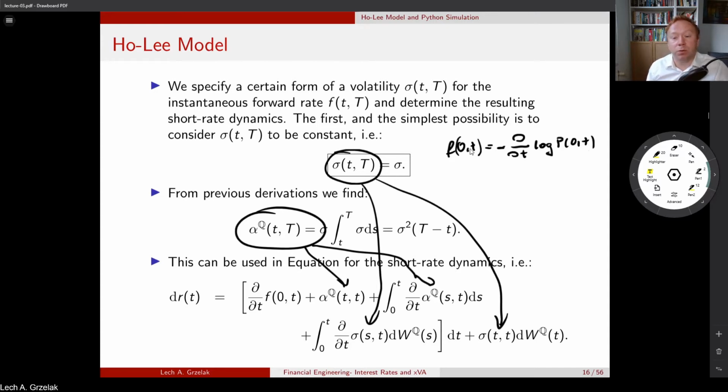Then you plug it in to generate the function f(0,t), and substitute that into the dynamics of the short rate. This zero coupon bond curve is associated with a yield curve and is typically implied from the market instruments, on the rate associated with borrowing or lending over some period of time.